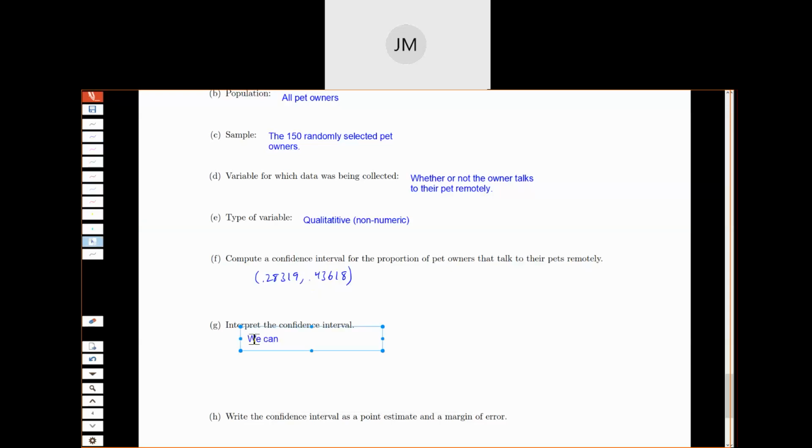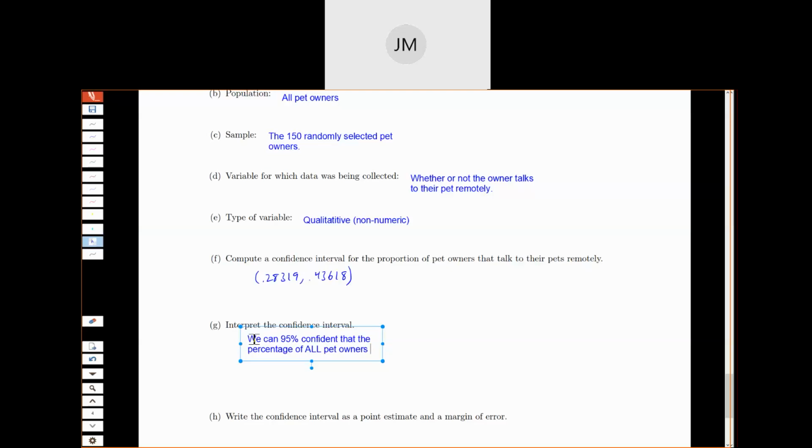It was a 95% confidence interval, so we can say we can be 95% confident that the percentage of all pet owners. Notice that when I interpret a confidence interval, I'm not talking about my sample, I'm talking about my population. The whole point is to use the sample to tell us about the population.